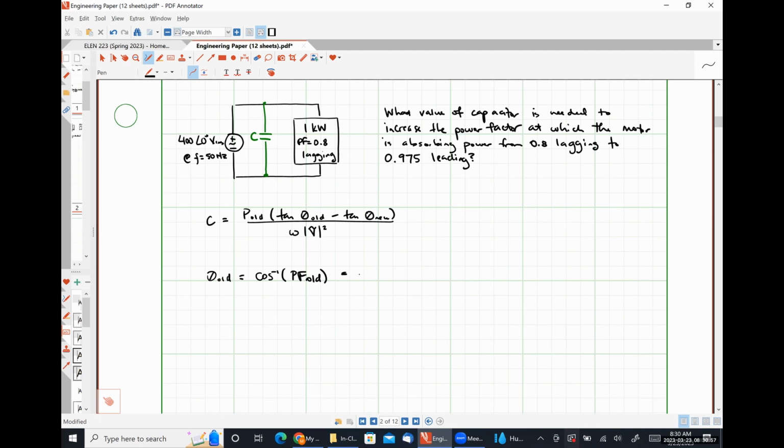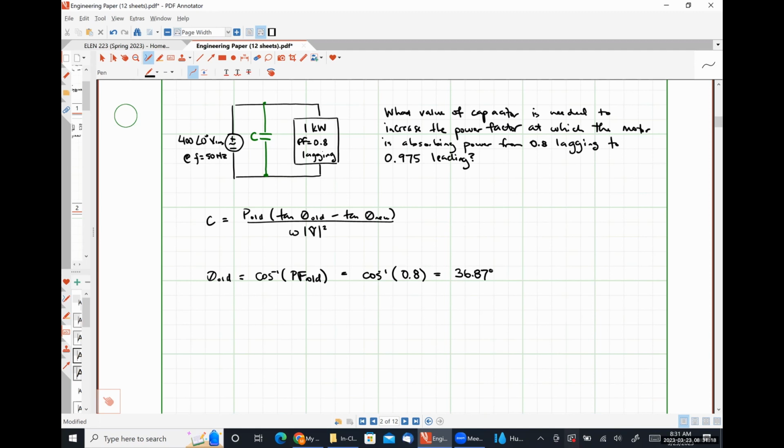In this case, that's going to be the inverse cosine of 0.8, which is equal to 36.87 degrees. Absolutely.